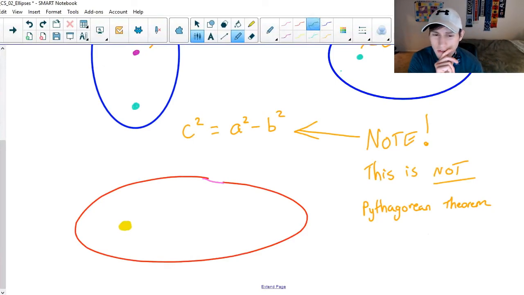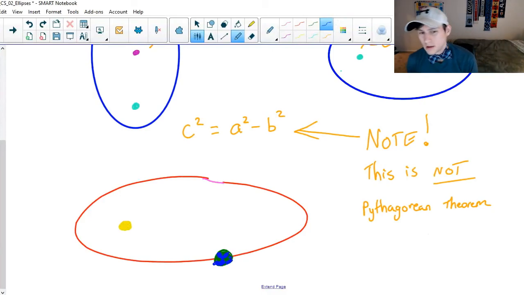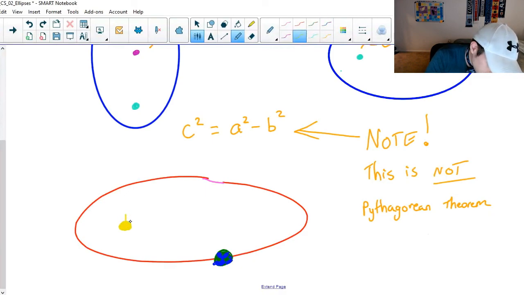And let me think of some other point that's on this ellipse. Let's make it green, a larger point. Actually, let's not make it fully green, let's throw some blue in there as well. And actually, this focus, let's make it have some cool little lines coming off it.